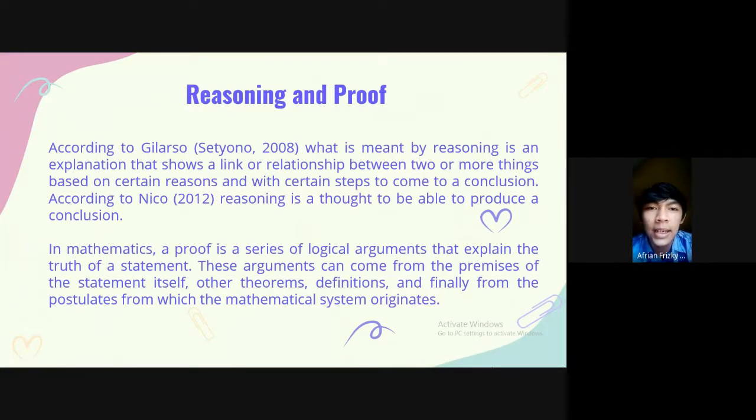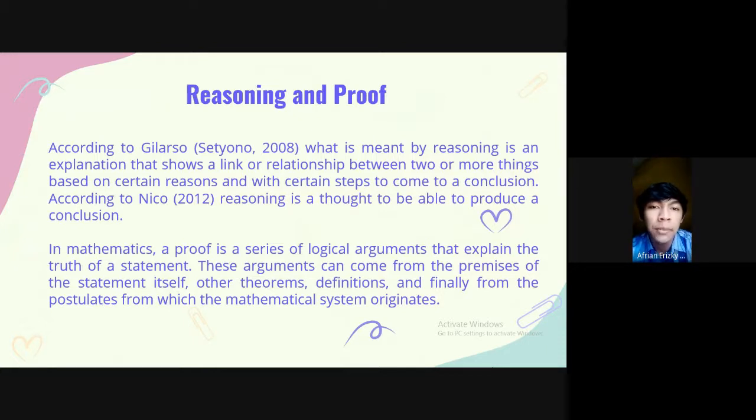The next is the reasoning and proof abilities. According to Gilar Shaw, what is meant by reasoning is an explanation that shows a link or a relationship between two or more things based on certain reasons and with certain steps to come to a conclusion. And then according to Nico, reasoning is a thought to be able to produce a conclusion.